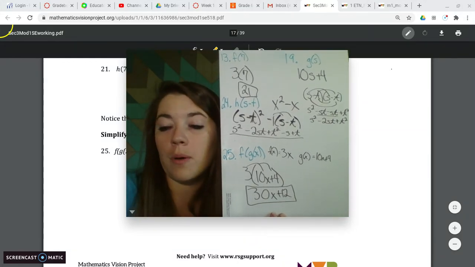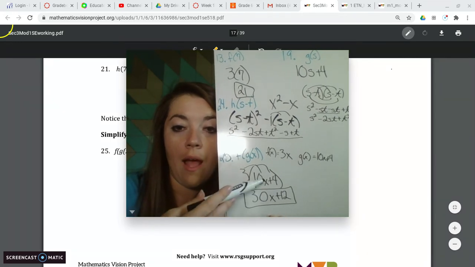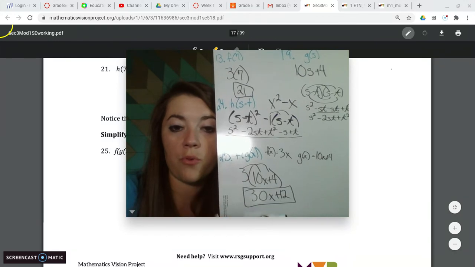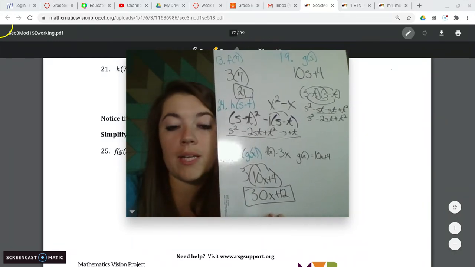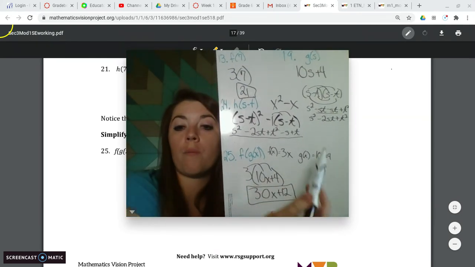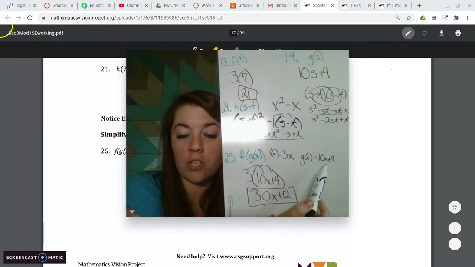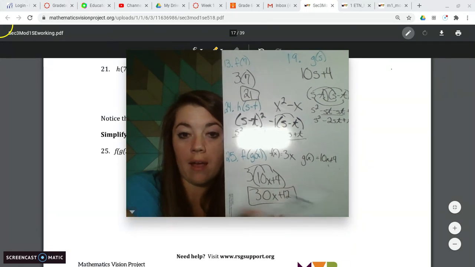But you will be plugging h of x into f of x, so just like this, 3, and then plug in the whole function of h of x right here, and distribute the 3 to everything in there. And then for 27, you'll use g of x on the outside. So you'll start with the 10, plug in what f of x is, which is 3x, in for x here, and then add 4 to it.